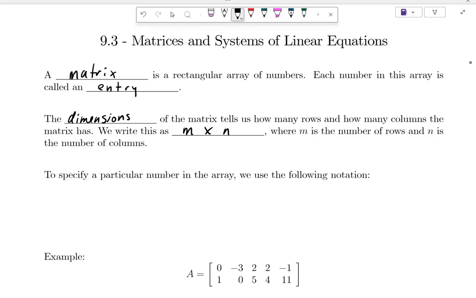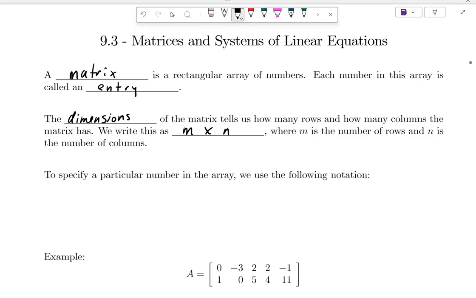Let's say I want to specify a particular number in the array, in the matrix. Typically, as in the two examples listed on the page, we use a capital letter to denote a matrix: A, B, C, M, N. We use the lowercase letter to accompany it for each entry.